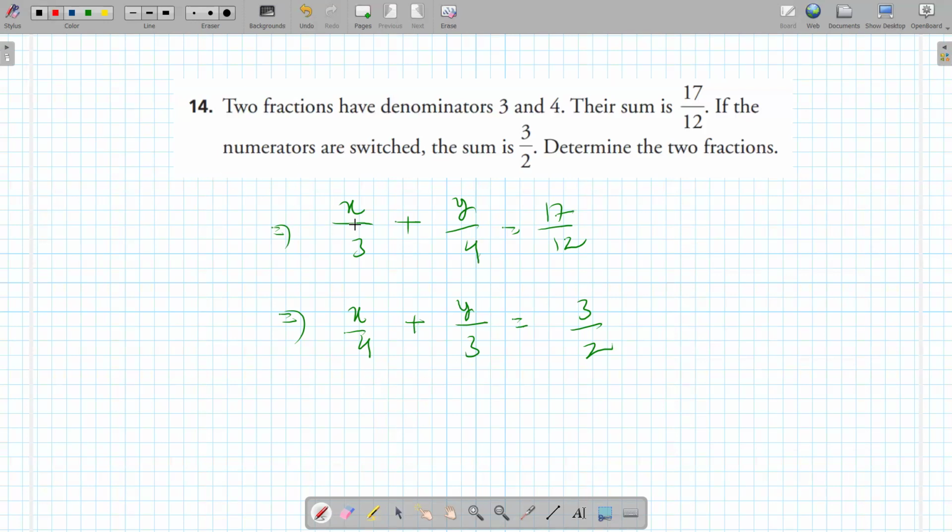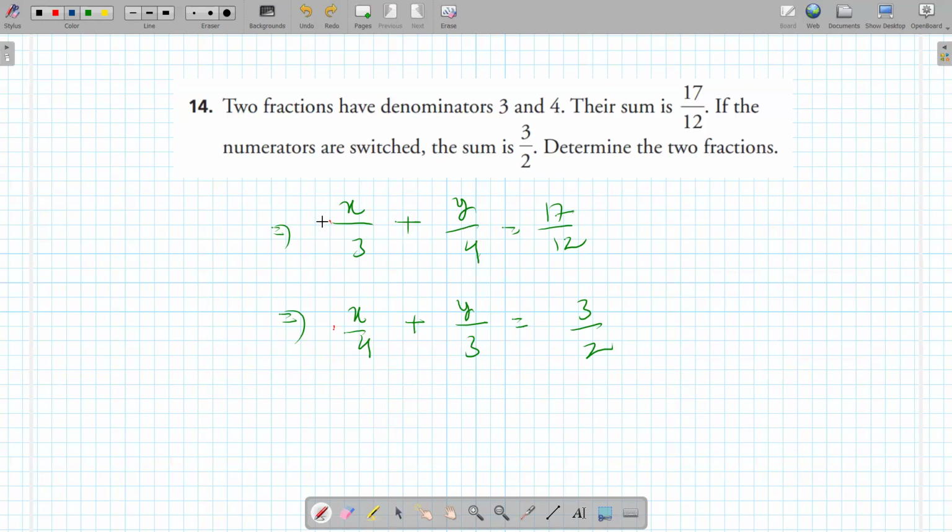Here, look at this method. What you do here is that you multiply both of these equations by the LCD of 3 and 4. Would that help? Let's see. That's one approach.